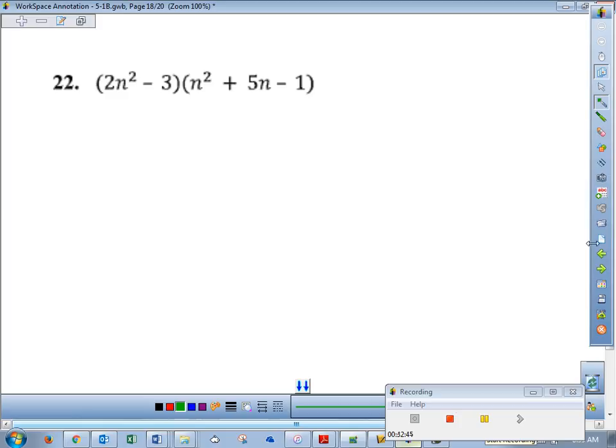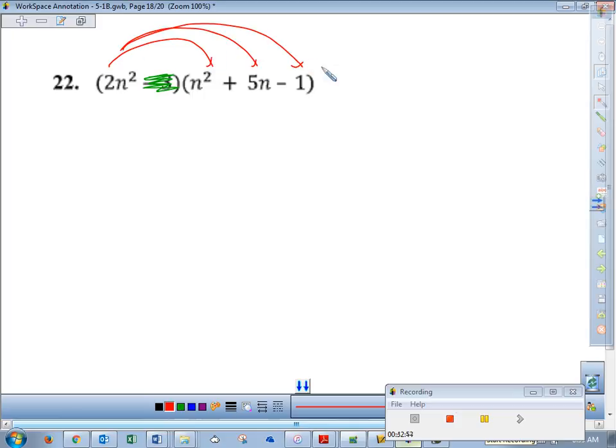So, let's do that again. Forget about him for a second, and again, if you were using colors on your OneNote, I do these 3 guys in one color. Right? Take 2n squared times each one of those puppies. Watch your exponents.